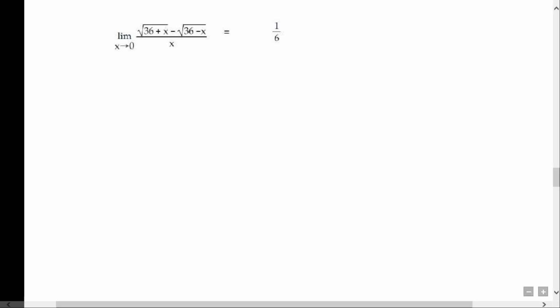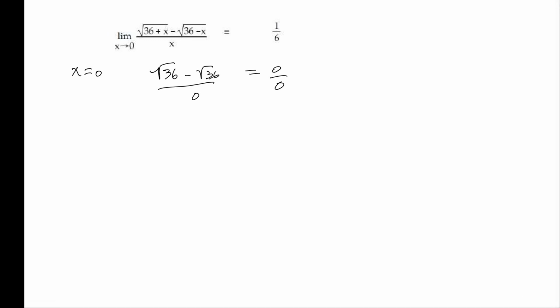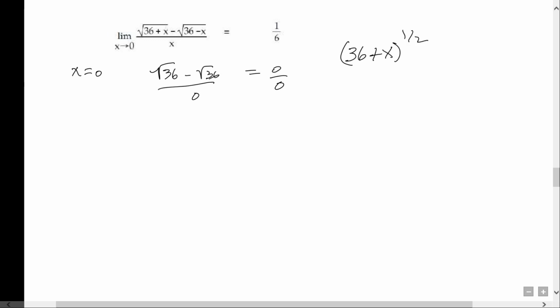Okay, if you just plug in x equals 0, you can see at the top, in the numerator, we get the square root of 36 minus the square root of 36 over 0 equals 0 over 0, which means we can use L'Hopital's rule. Notice we take the derivative of the numerator, and we take the derivative of 36 plus x to the 1/2 power.